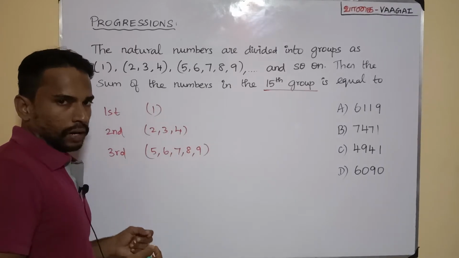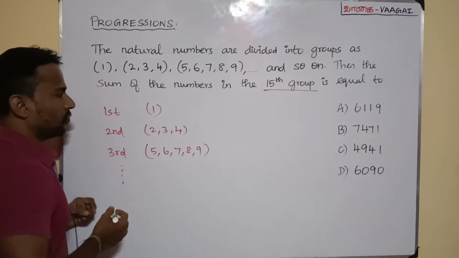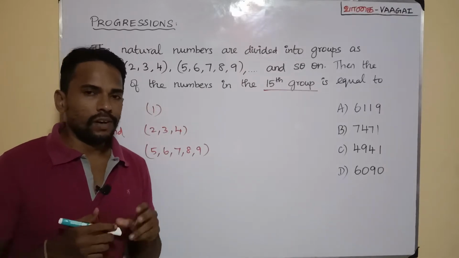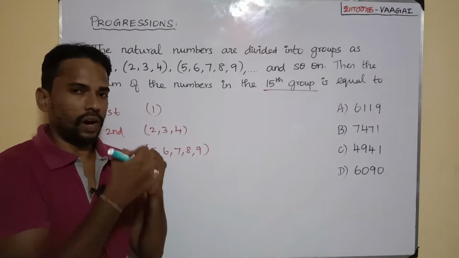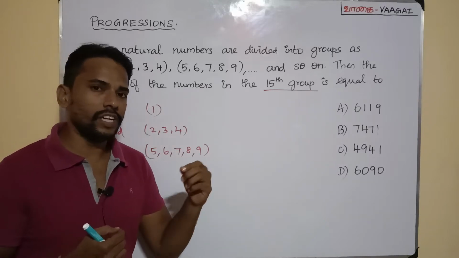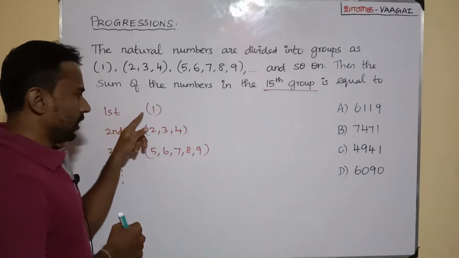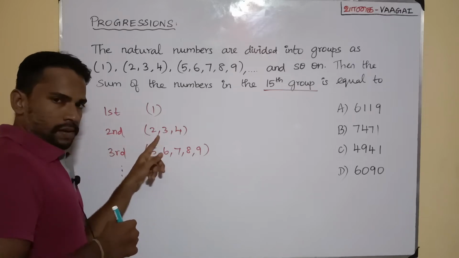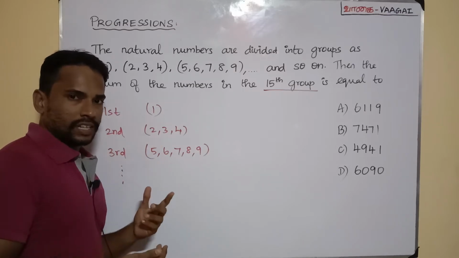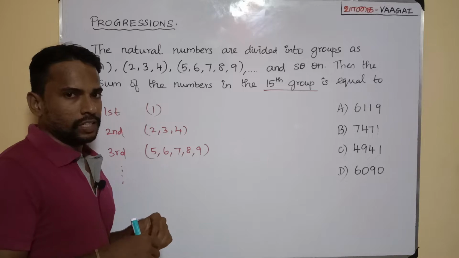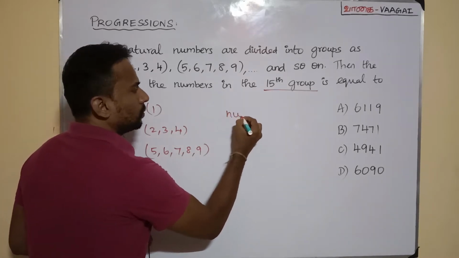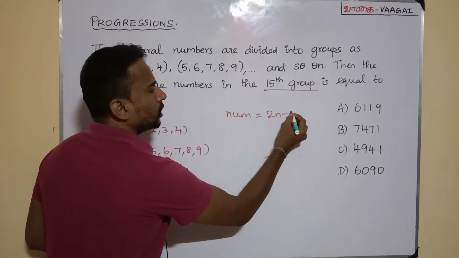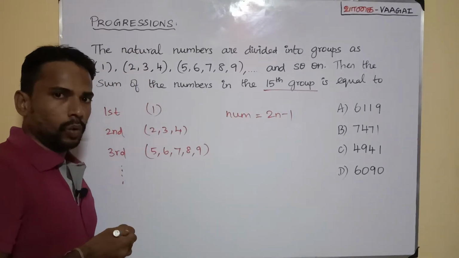This is how the pattern goes. Now, looking at the number of natural numbers in each group: the first group contains 1, the second 3, the third 5, so the number of elements is 2n minus 1, where n represents the group number.